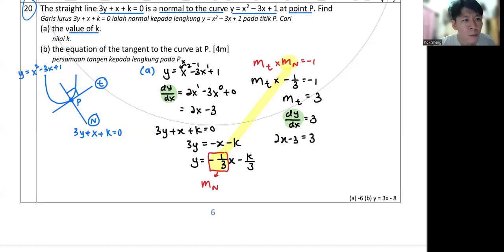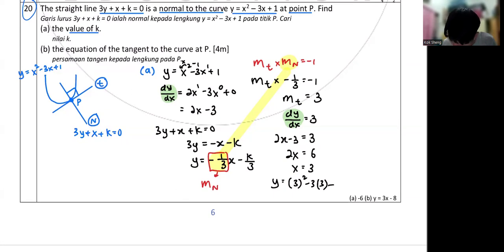Later question B is what? Okay, almost done, right? 3 plus 3, 6. 6 divided by 2 is 3. Sub into the curve: x squared minus 3x plus 1. 3 squared, 9. 9 minus 9 is 0. So it's 1.